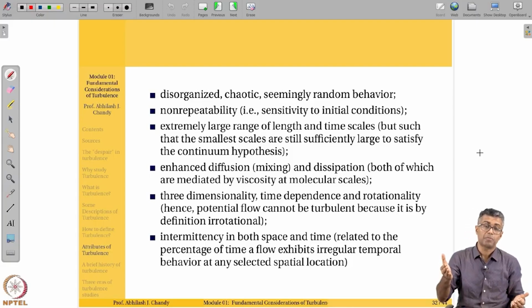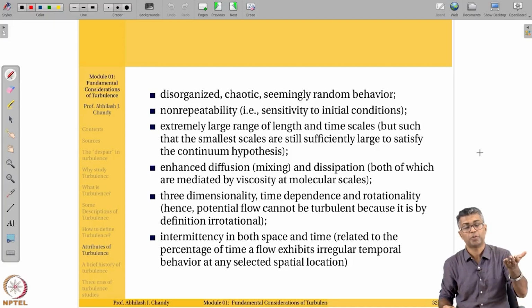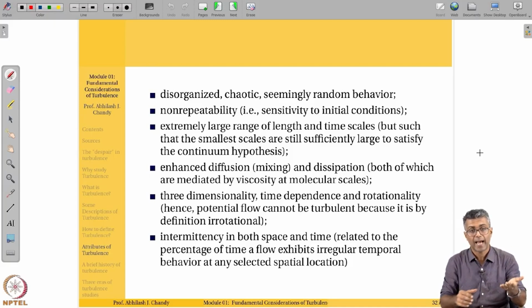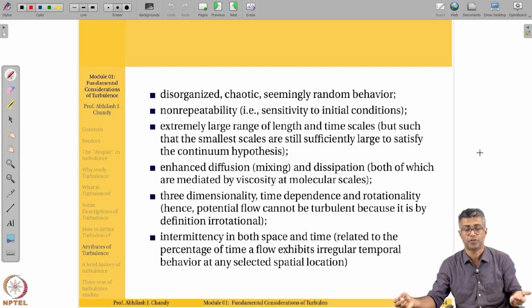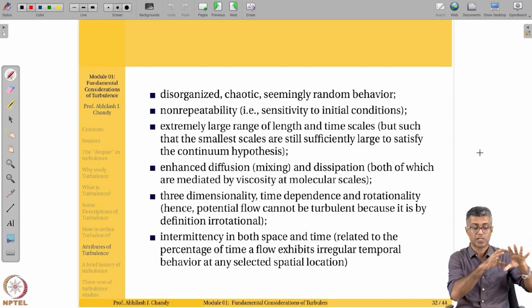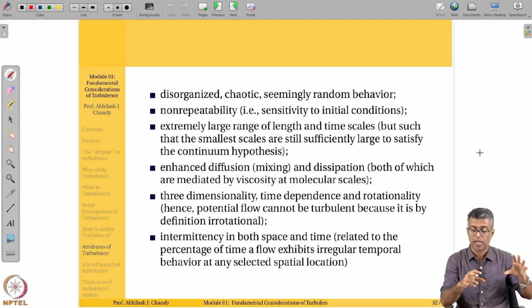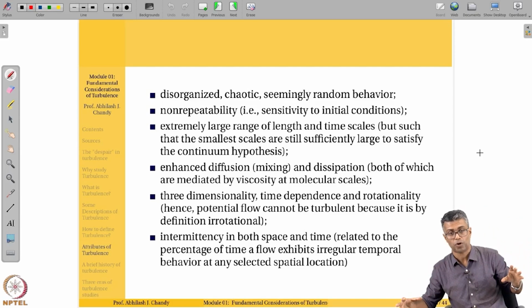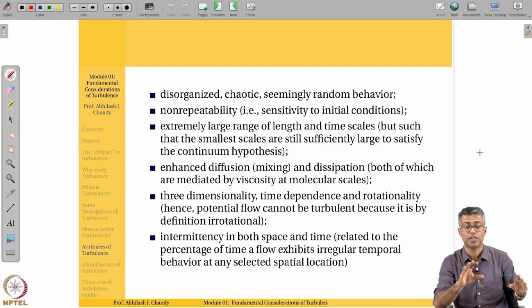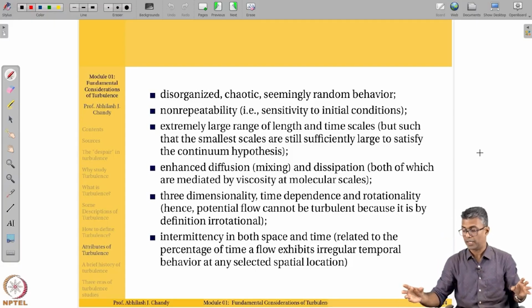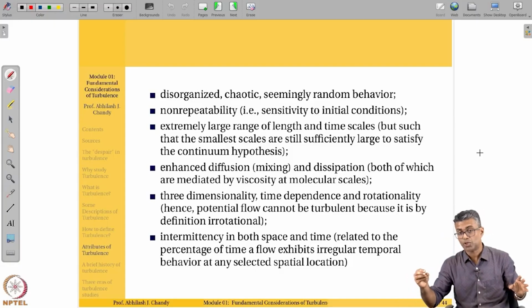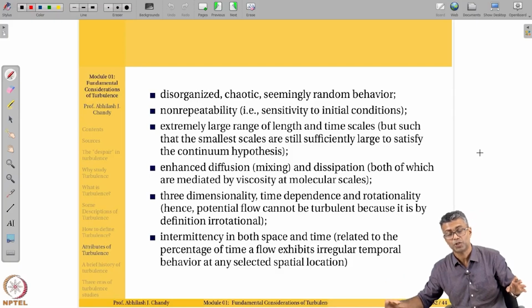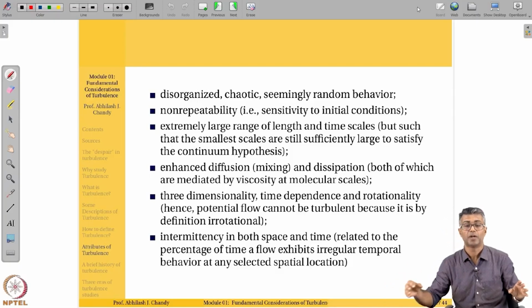The viscous diffusion being negligible leads to turbulent mixing dominating. And at the small scales, viscosity plays a role in the dissipation of the small scales. We talked about this earlier, where the large scales break up into small scales, into even smaller scales. Even Richardson in his definition talked about that, right? He mentioned that as you get into smaller and smaller scales, eventually those scales are going to dissipate because of viscosity.